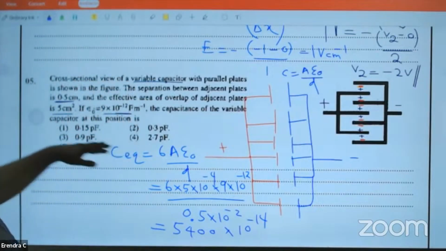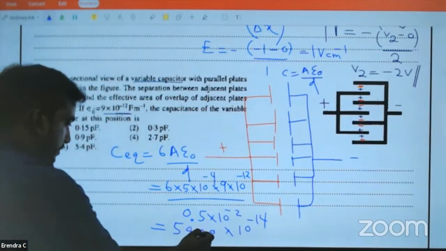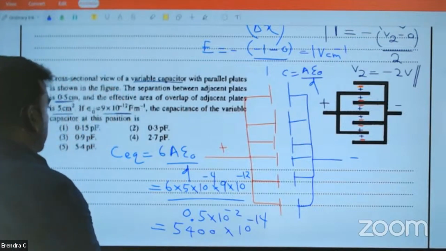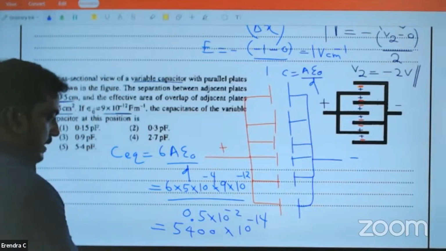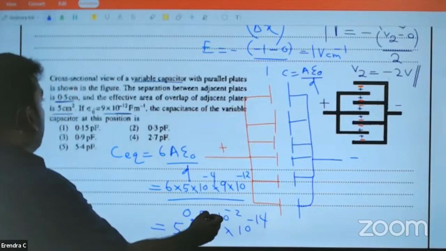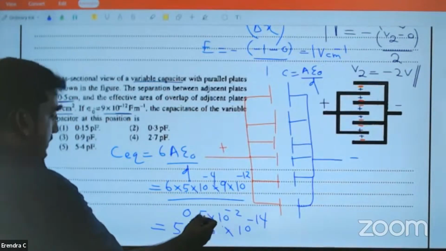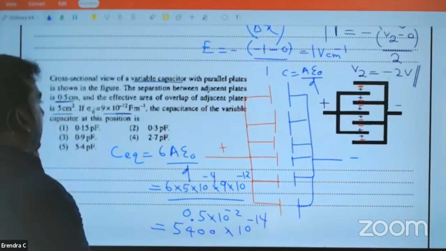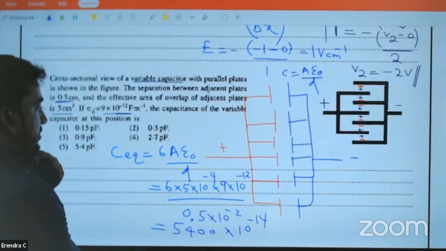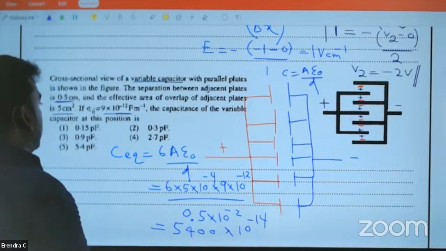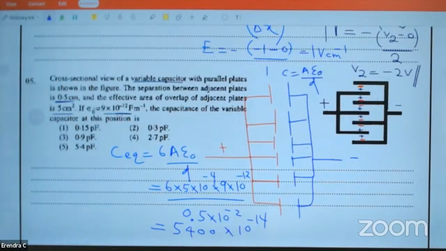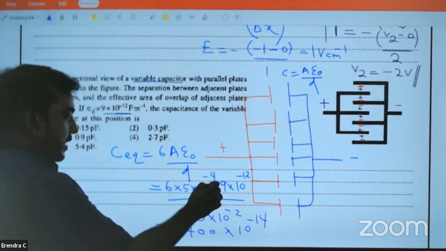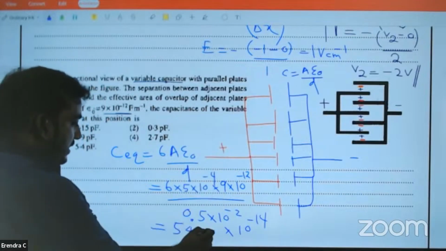What are the answers? They are given in pico. Pico means 10 to the power minus 12. So if you simplify this, 0.5 centimeter converted to meter, 5 centimeter squared is 5 times 10 to the power minus 4, epsilon naught 9 times 10 to the power minus 12, A epsilon naught divided by D. 6 times 5, 30, 30 times 9, 270, so 540 here.